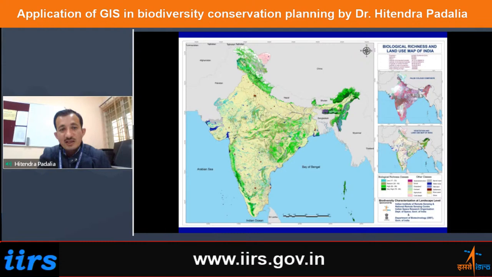And even if we don't have the flexibility to make new protected areas, we can make those areas ecologically sensitive areas, or we can encourage communities to take care of those areas if the forest department doesn't have control over protecting them. These sorts of things are possible when you have a map.